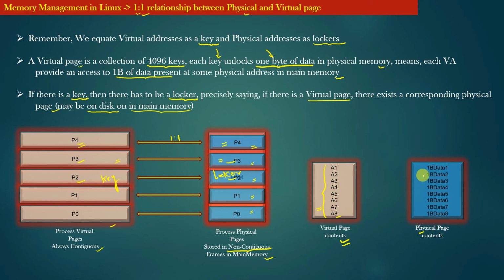And you can see that physical page stores 1 byte of data corresponding to 1 virtual address. So if there are 8 virtual addresses in a virtual page, then there exist 8 data items, each data item being a data of 1 byte in physical memory. So in this example, you can say that using virtual address A3, you can access 1 byte of this data item.